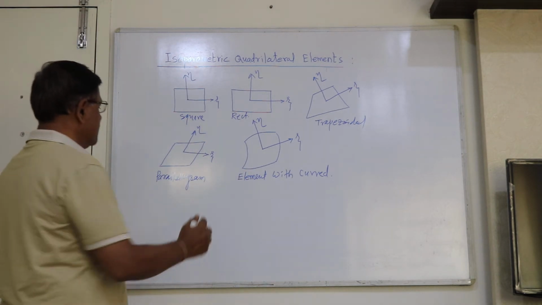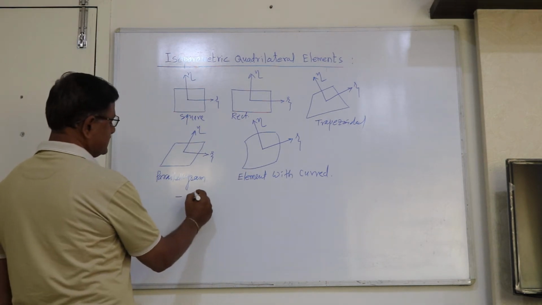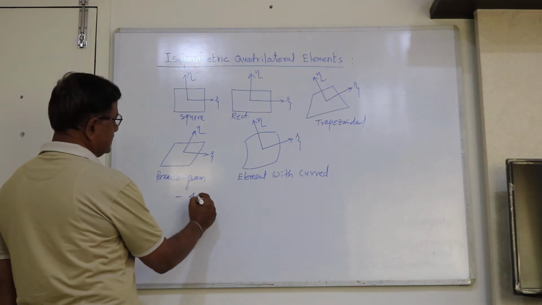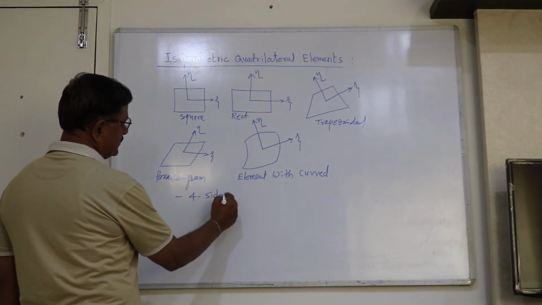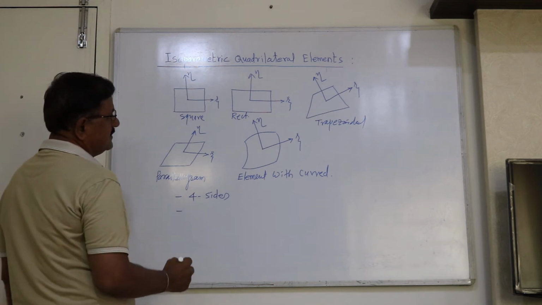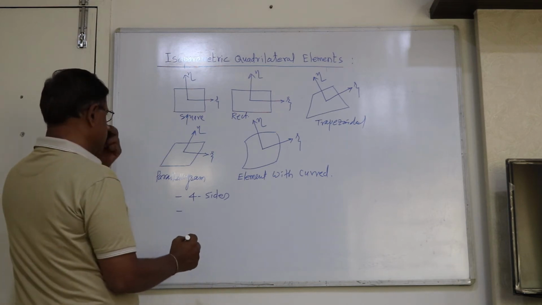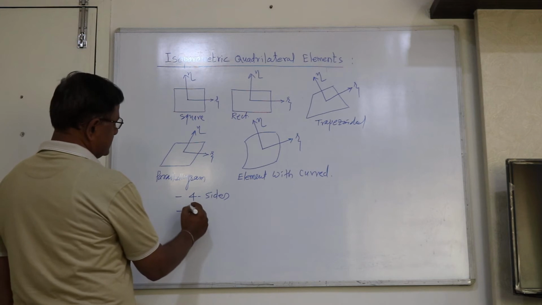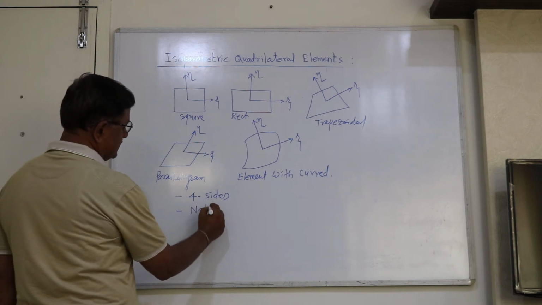Each and every element, whatever its shape, has 4 sides. So what are the properties? It always has 4 sides for quadrilateral elements. The coordinate system used is the natural coordinate system.